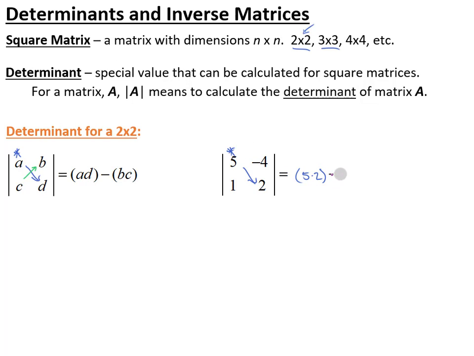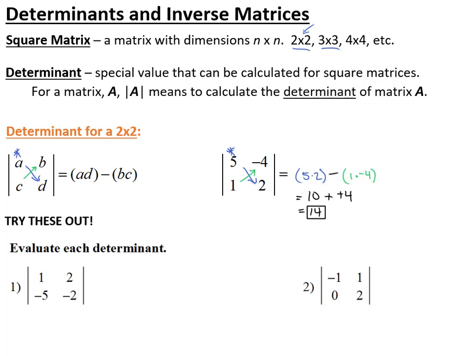And then we're going to multiply our other diagonal, 1 times negative 4. So go ahead and, of course, simplifying these, 5 times 2 is 10, minus 1 times negative 4 is negative 4. Minus a negative will become plus a positive, and we end up getting a value of 14. The determinant of this matrix is 14.